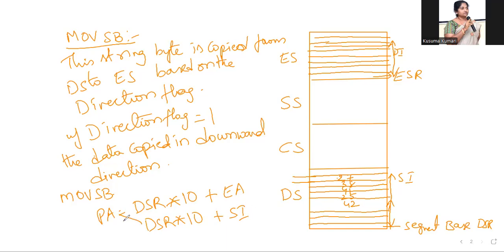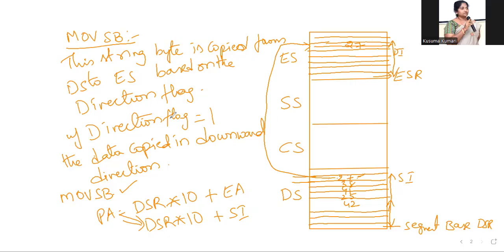So with this physical address, this memory location is identified, and when we give the move string byte instruction, this 27 is copied into the location the destination index is showing. So 27 is copied here.